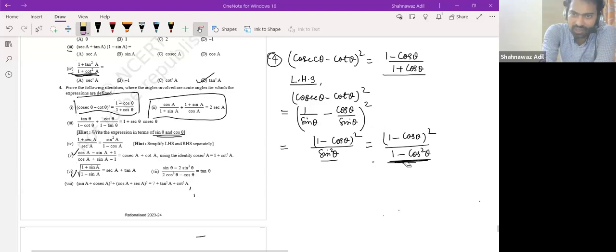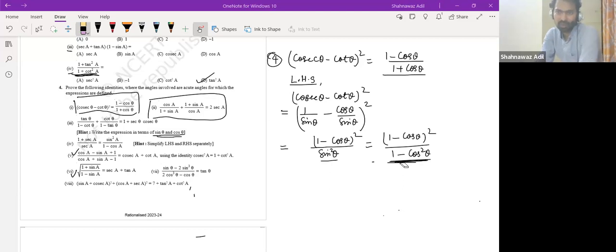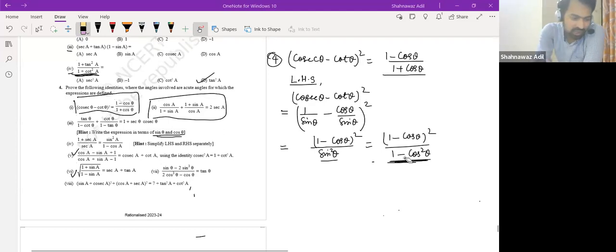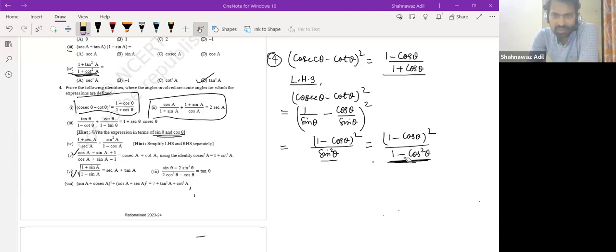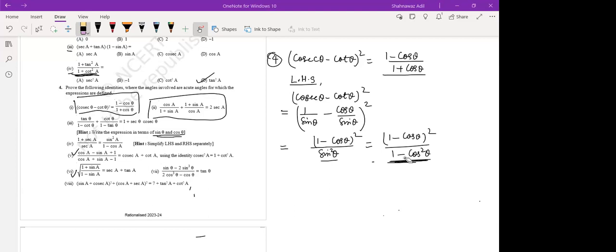How can we simplify this term further, the denominator? The same exact question we did when we were solving the homeworks. 1 plus cos theta into 1 minus cos theta. Absolutely right.